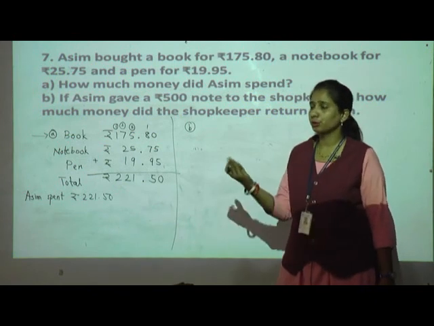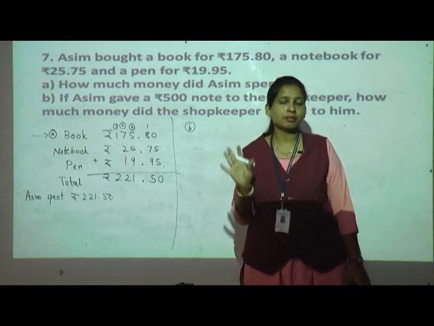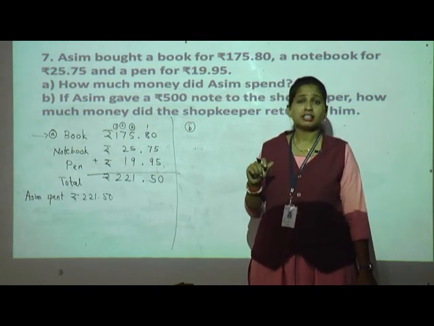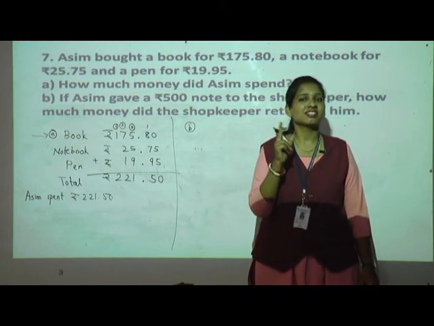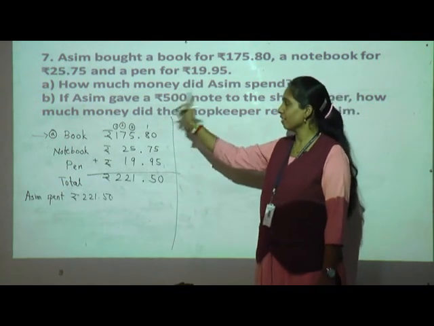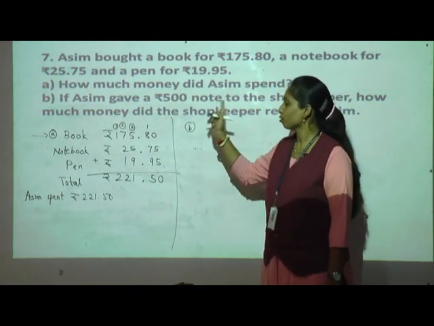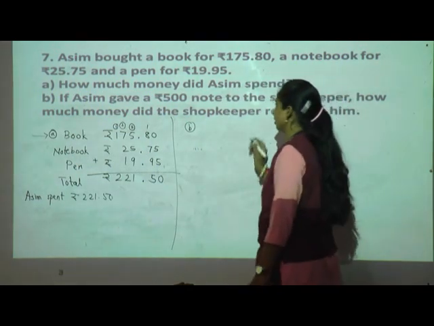Yes, if you go to the shopkeeper and give a 10 rupees note and ask for a 5 rupees gel pen, isn't it? Then how much money will he give back? 5. So what did you do here? Subtraction, isn't it? So in the same way, if Asim had given a 500 rupees note, we have to subtract the total amount from 500, isn't it?